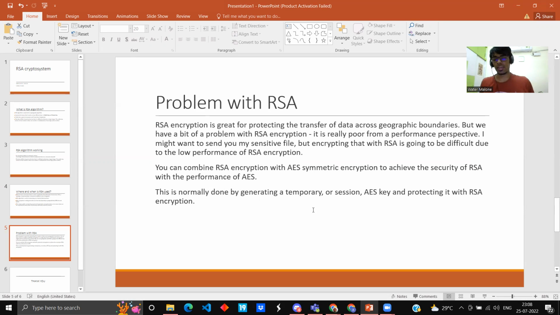We will try not to get too deep into that, but what we can say is that despite RSA being computationally expensive, it is still used, and combining it with AES is one of the ways you can make it feasible to use in your daily applications, or just in different applications that you want to use. So that's it. That was all about RSA encryption.